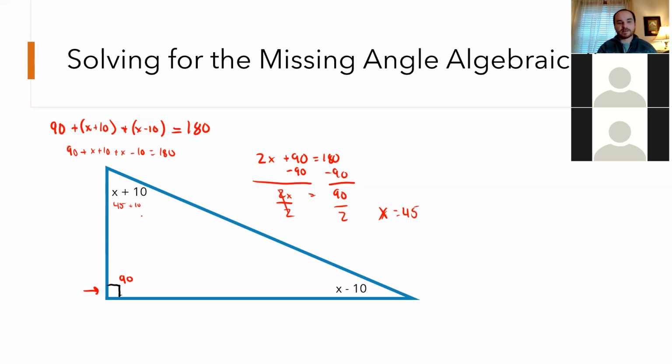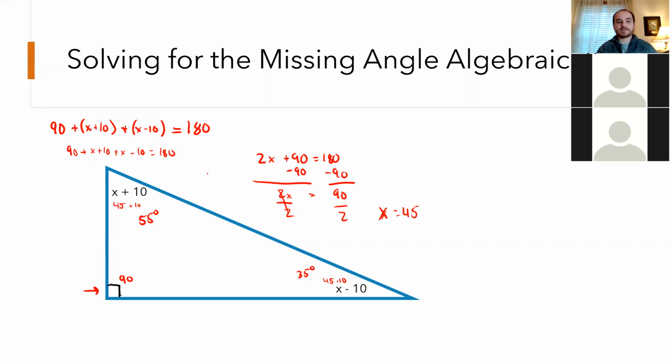So this angle right here is 55 degrees. Then we have 45 minus 10. So this angle is 35 degrees. And we can check these, make sure they all add up to 180, which of course 35 plus 55 is 90. 90 plus 90 is 180. So that's how we solve for those.